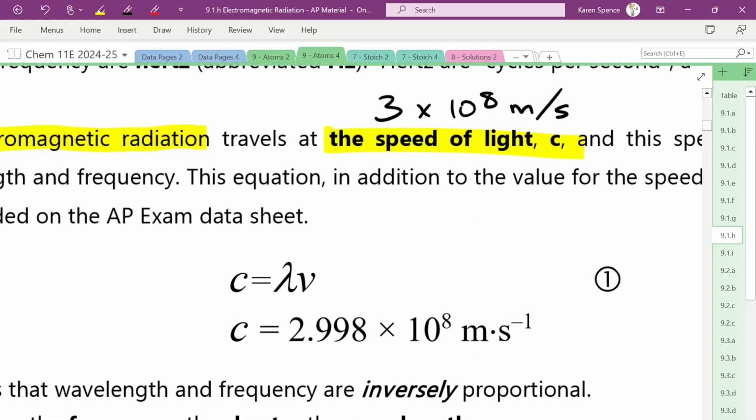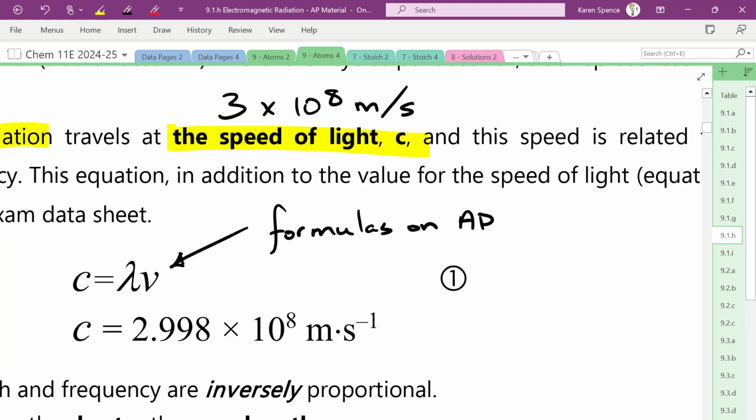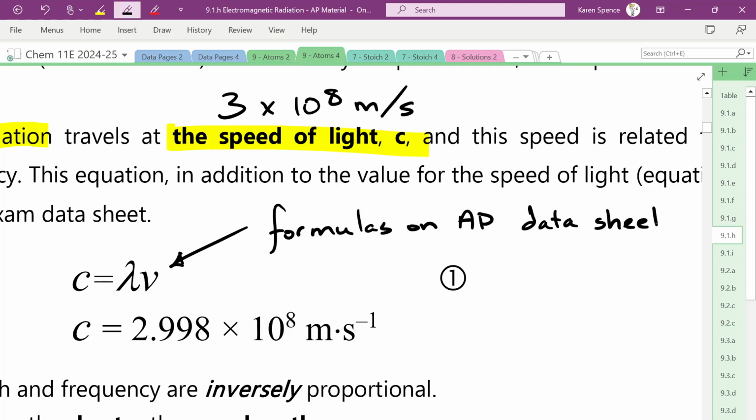Okay, so we have speed of light is equal to the wavelength times the frequency. That is one of your formulas on the AP data sheet. Anytime you have two variables on the same side of an equation, they will be inversely proportional.